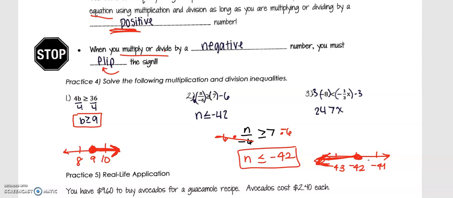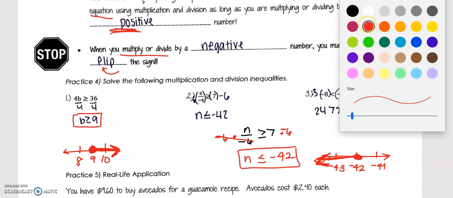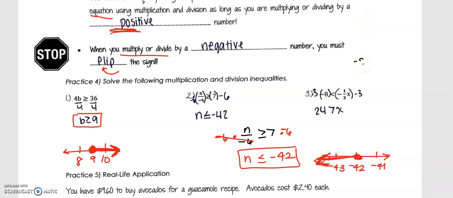And then this last example, I'm going to rewrite it because it gets a little bit fuzzy here. It says negative 8 is less than negative 1/3 x. What I want us to note is that when we see negative 1/3 x, guys, that's the same thing as negative x over 3. So to take care of that, we're going to multiply both sides by negative 3.